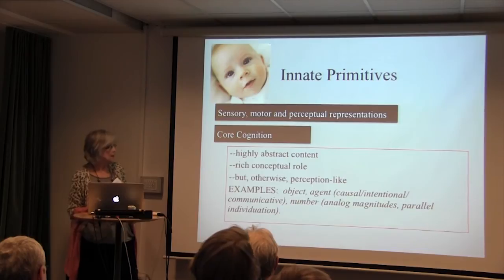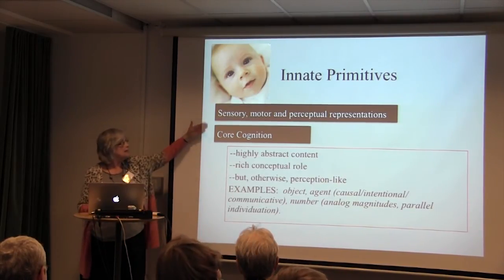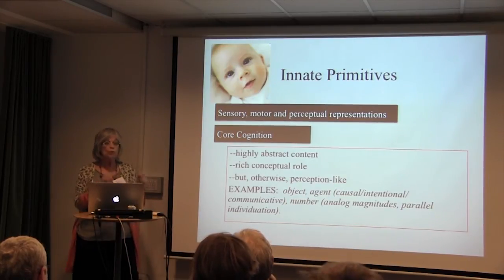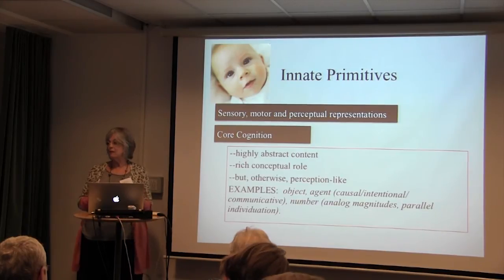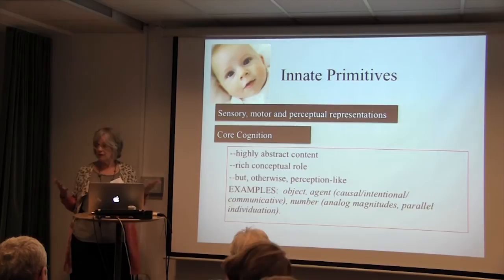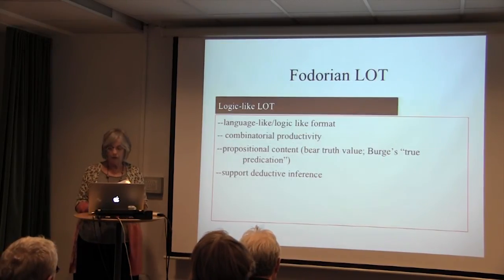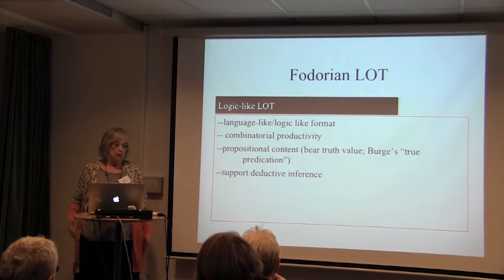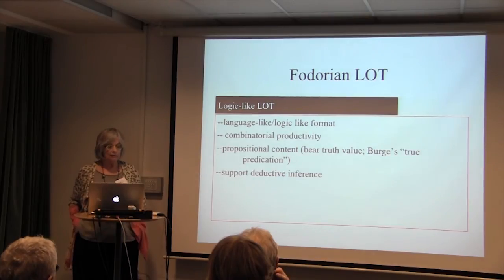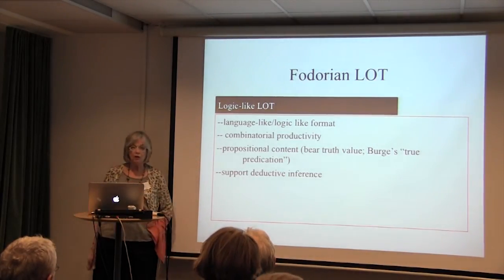So these are examples that I quickly went through. But the existence of innate primitives like this does not preclude also the existence of a central language of thought that's logic-like, right? It's an empirical question. So is there a Fodorian language of thought that non-human animals have and infants have? Eric was arguing yes.